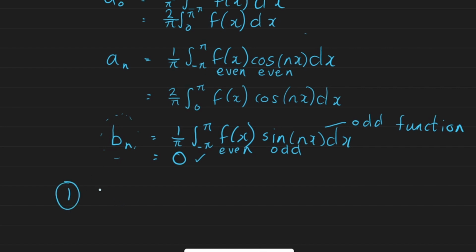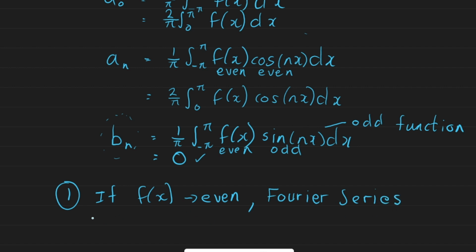And that important fact is that if f of x is an even function, then what it means is that the Fourier series will have only cos terms.